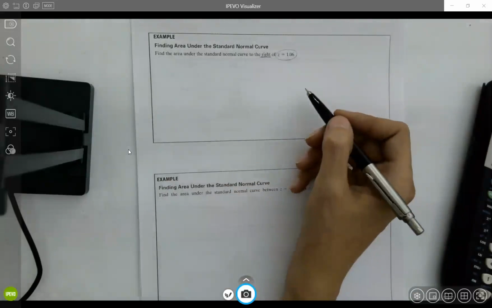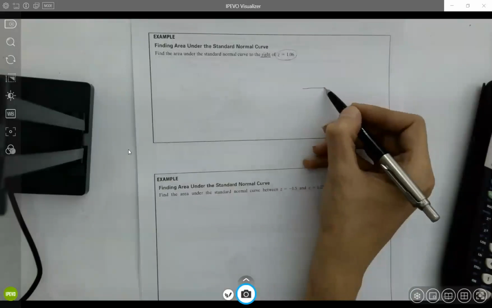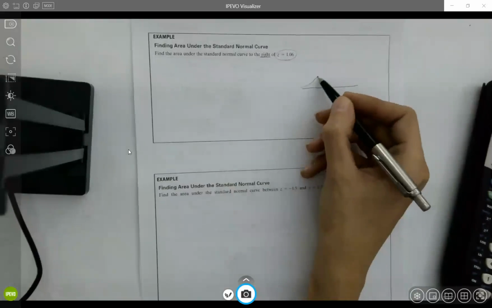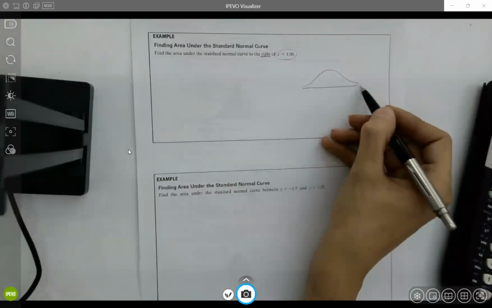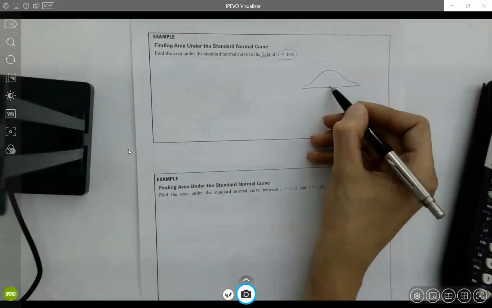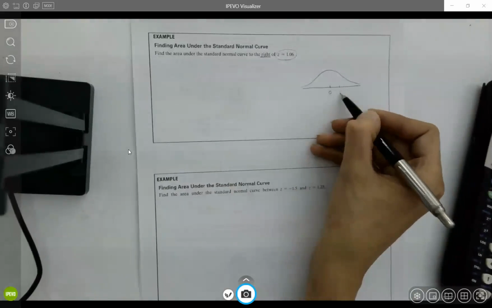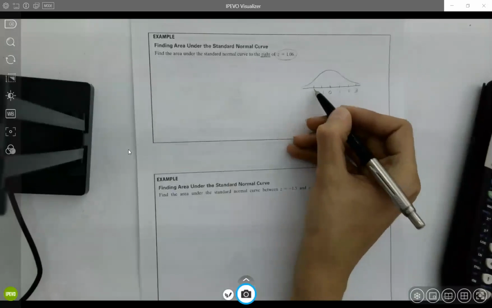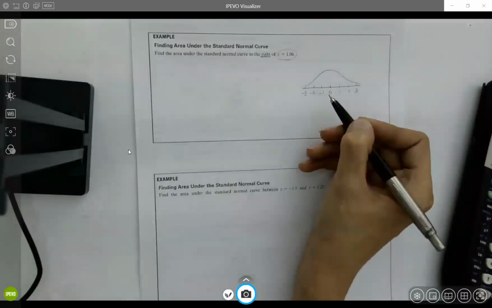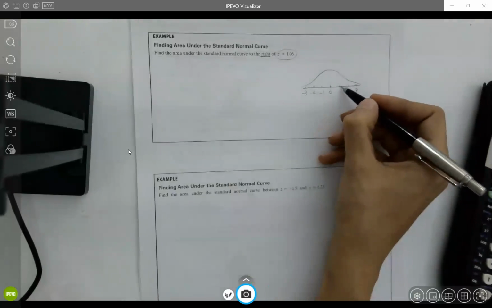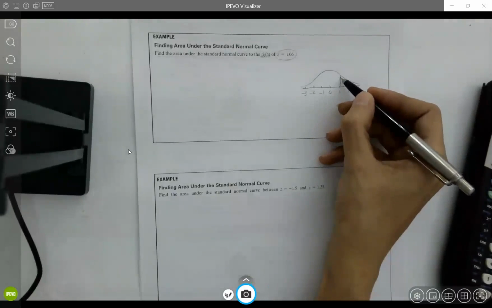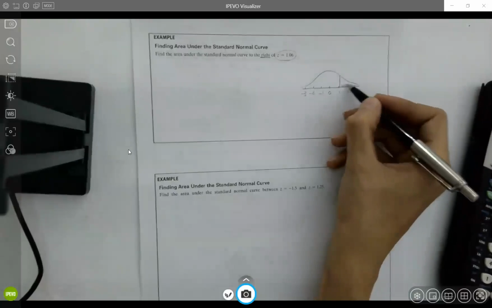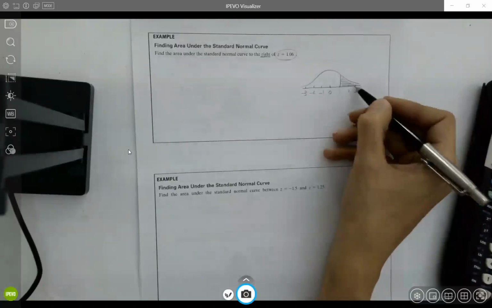If you look at your graph, remember that this is 0, 1, 2, 3, minus 1, minus 2, minus 3, 1.06 is roughly here. Area to the right.